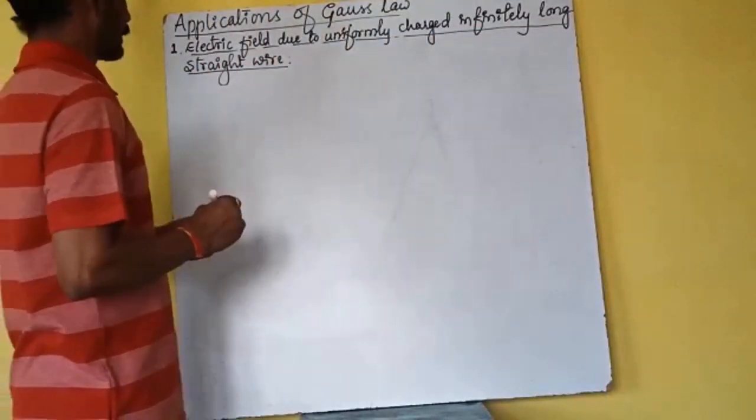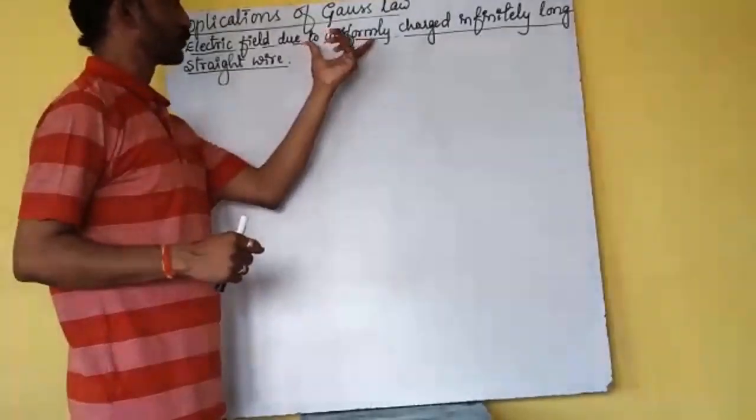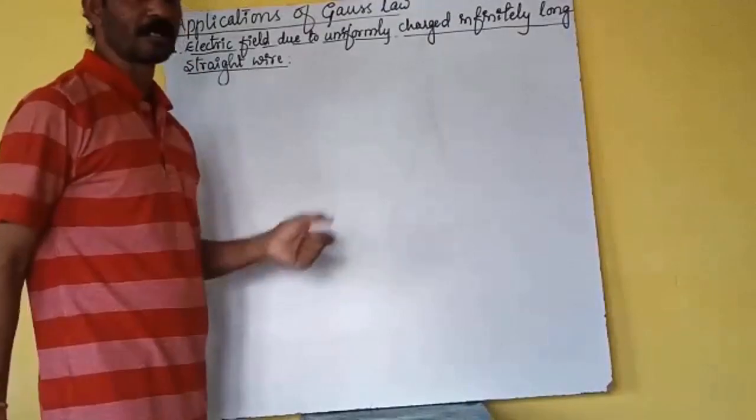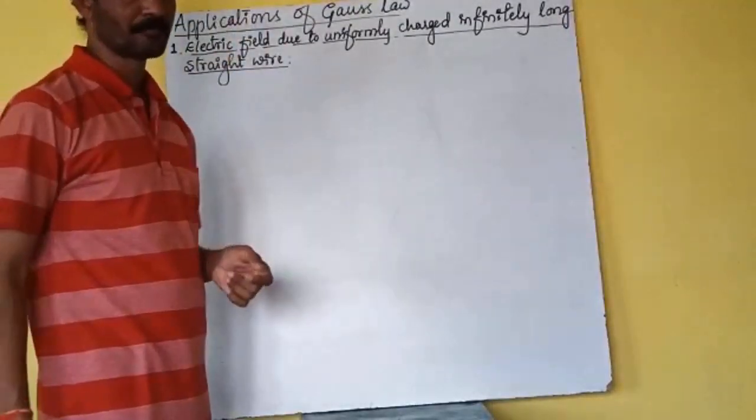Now let us find the electric field due to the uniformly charged infinitely long straight wire by using Gauss law.